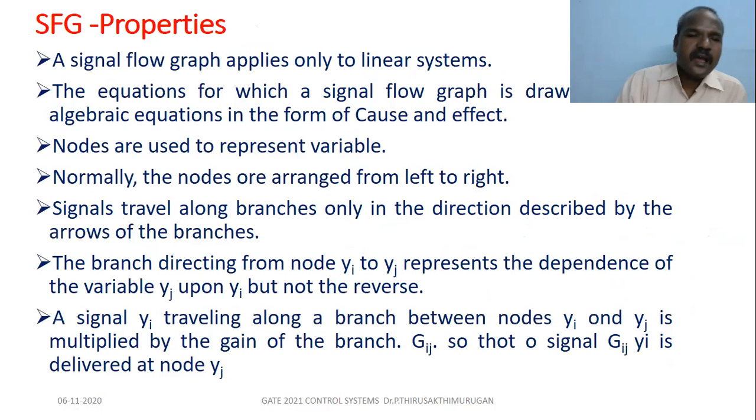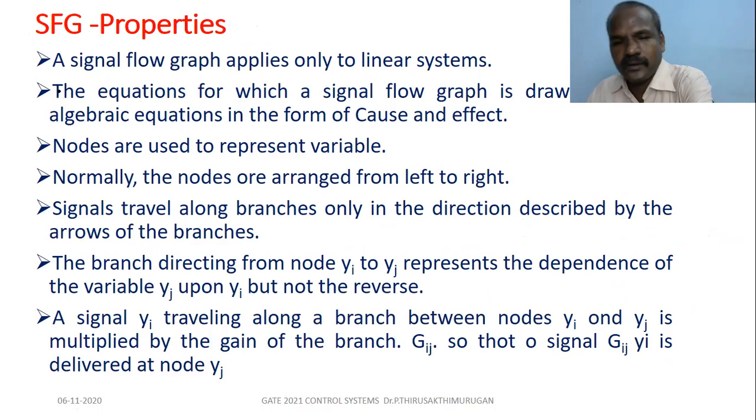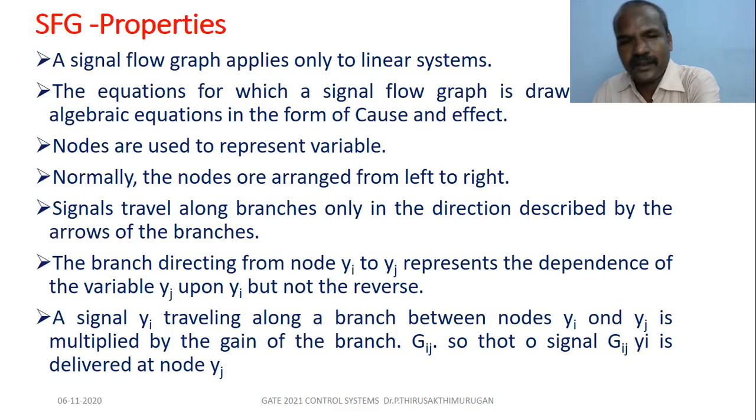Next is how to do it in signal flow graph. So what are the properties of the signal flow graph? A signal flow graph applies to only linear systems. The equations for which a signal flow graph is drawn should obey algebraic equations in the form of cause and effect.